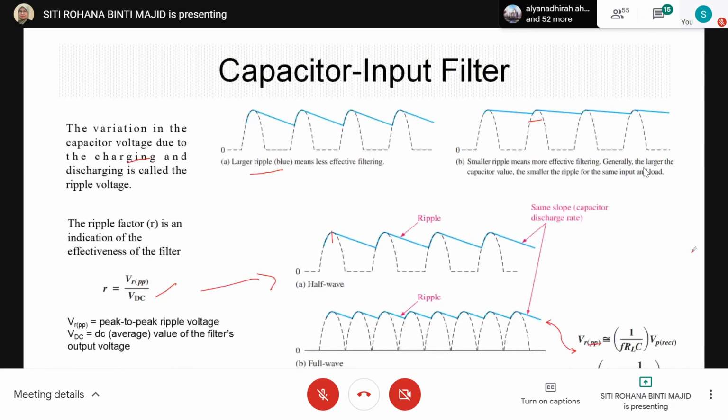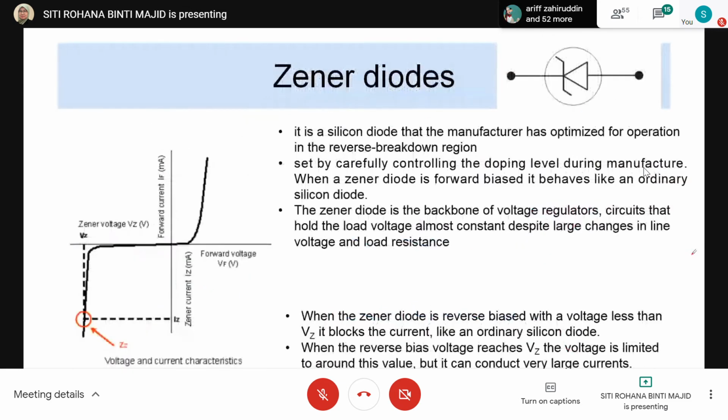Okay, and then the diode also can be used as a Zener diode. So I hope you still remember when we discussed the IV characteristic of diodes, as shown here, where we have forward bias here and also reverse bias here.